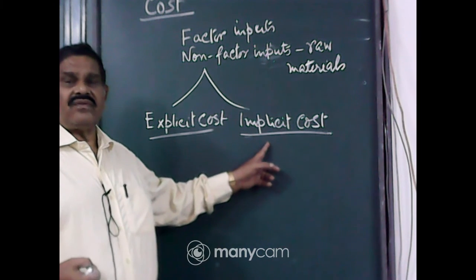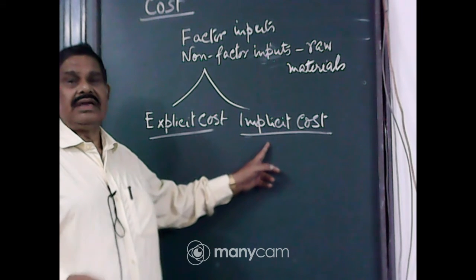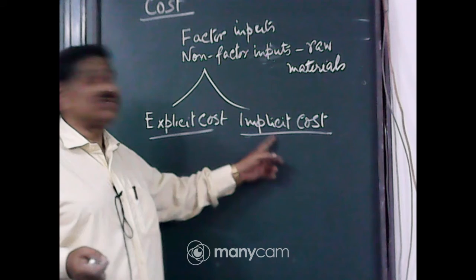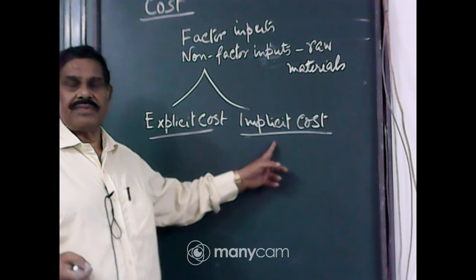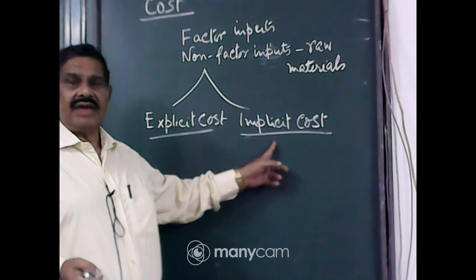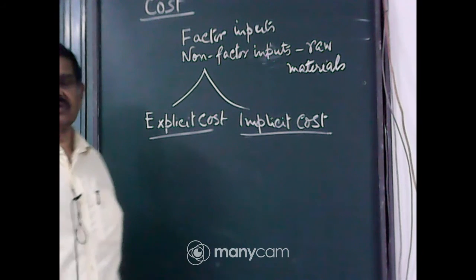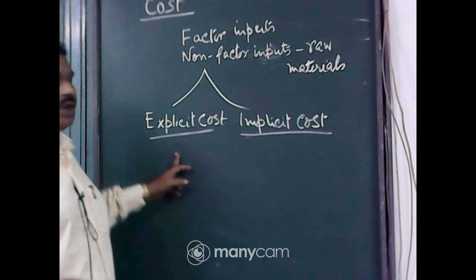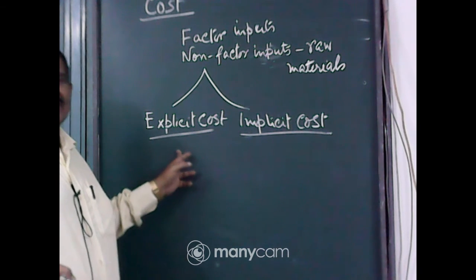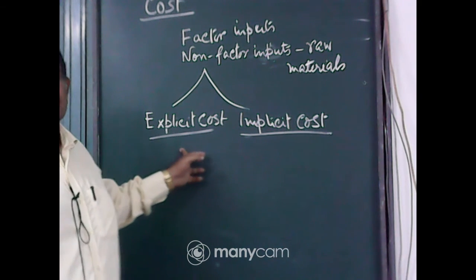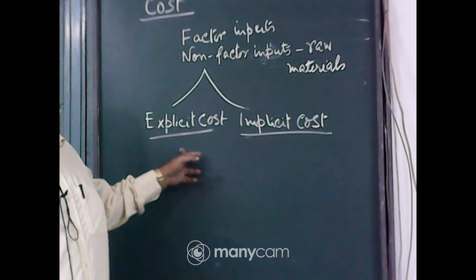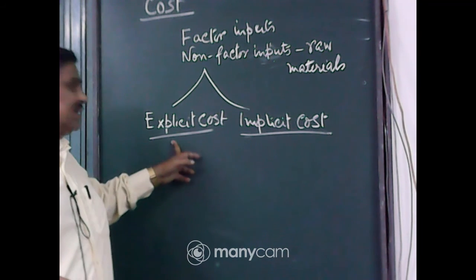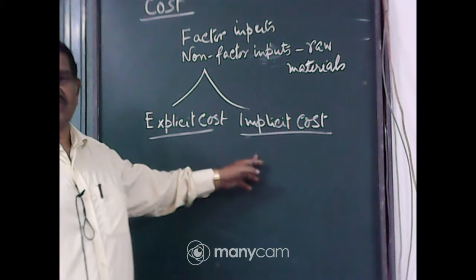I myself work in my own factory. This is implicit cost, but that is also cost. So implicit cost is the self-owned cost, and explicit cost is the external cost which the producer has to bear for the production. This is the difference between explicit cost and implicit cost.